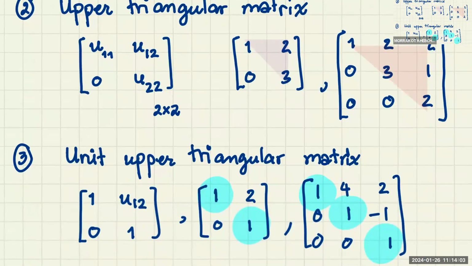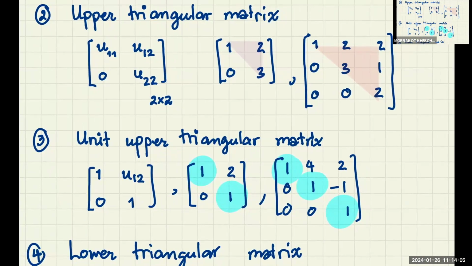Or if you have the other type, which is called the upper triangular matrix, you will see that the bottom corner is all equal to 0. So this is called the upper triangular matrix.